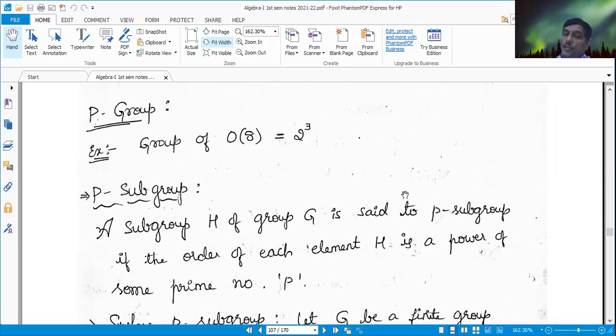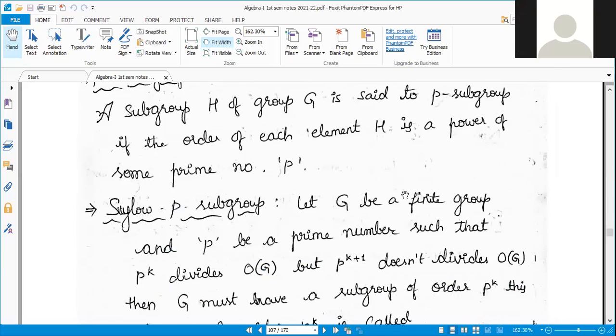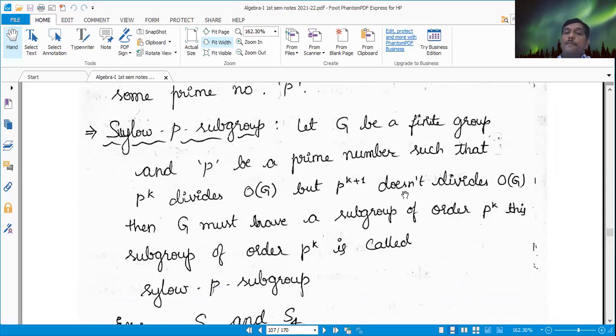We also discussed the p-subgroup. A subgroup H of a group G is said to be a p-subgroup if the order of each element of H is a power of some prime number p. After that, we discussed the Sylow p-subgroup. Let G be a finite group and p be a prime number such that p^k divides the order of G, but p^(k+1) does not divide the order of G. Then G must have a subgroup of order p^k.